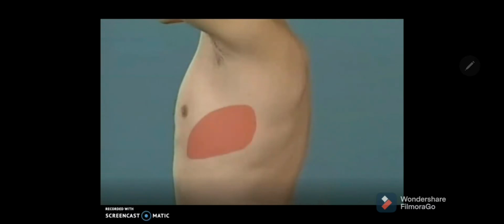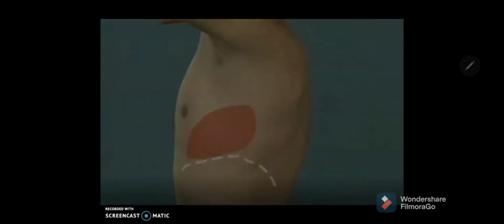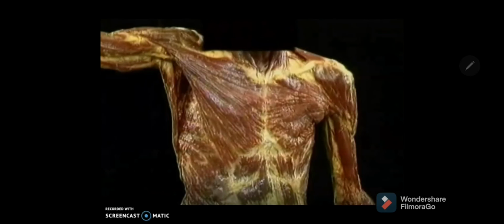This is what you see in the lateral view, and the heart lies between the sternum and the vertebral column. It moves up and down as it lies on the diaphragm, during respiration.